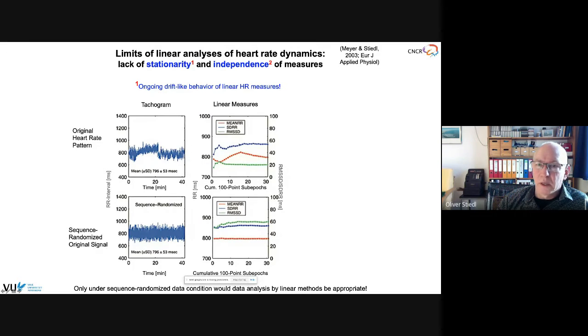That means under these conditions, it's only the RMSSD that provides stable values. The others continue to drift whatever we add. The longer the time interval, the drift never stops. So the question now is, should we then use this? Because if this is the case, what is the basis for this?